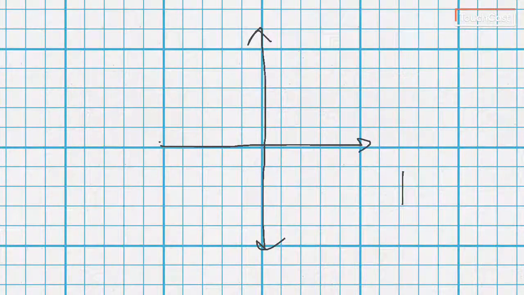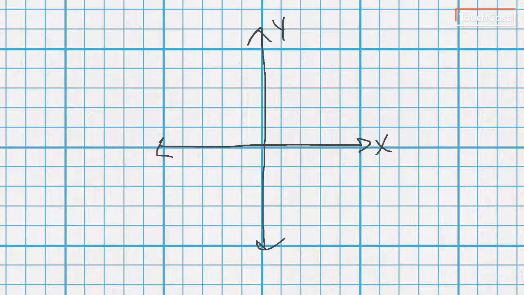So we're going to make our xy axis, and then we're going to put in the points and asymptotes that we know. So we know we had a slant asymptote when y was equal to x.